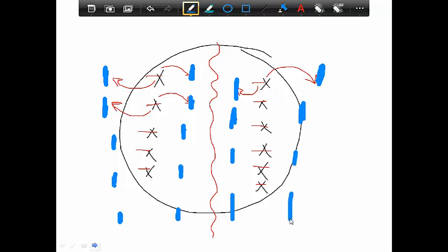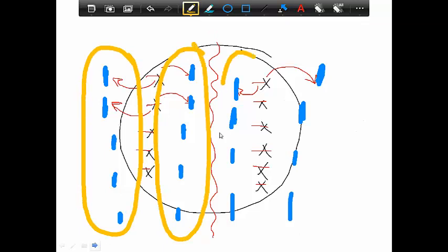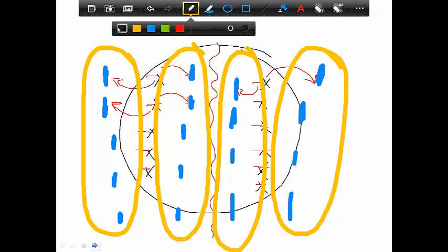So now we essentially have a total of 4 different sets of chromosomes. When you're all done, you're going to have 1, 2, 3, 4 sets of chromosomes. This equals the 4 cells that are made in meiosis.